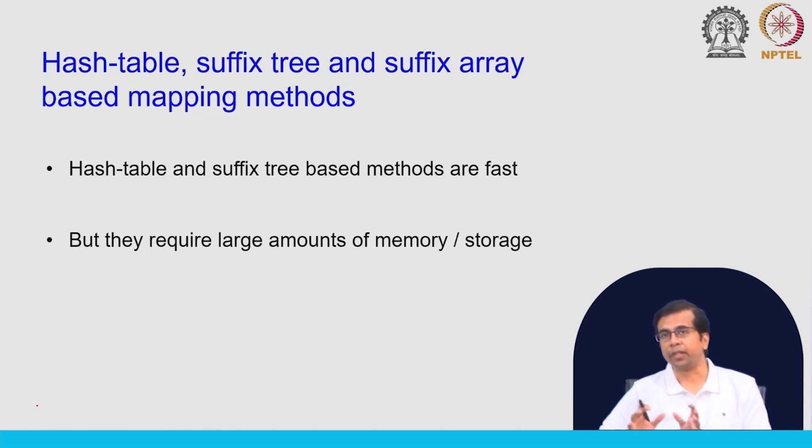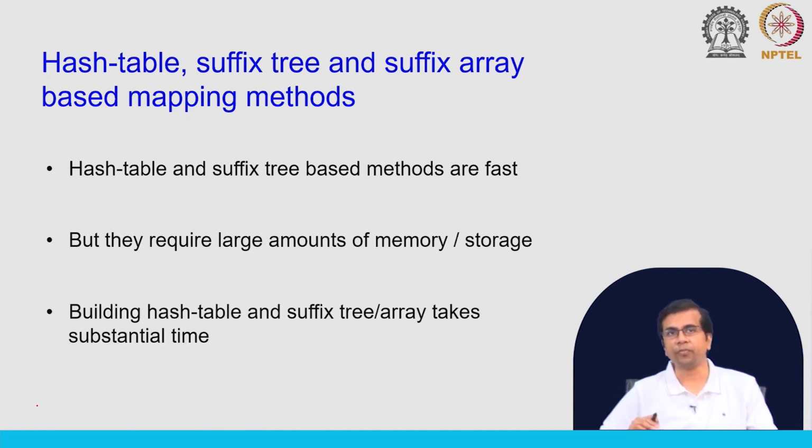All these methods take at least 12 to 15 GB of RAM if you are working with the human genome, which means you probably would not be able to run this on a desktop system. Suffix tree, for example, takes even more, about 30 to 35 GB of RAM for the human genome, because of that elaborate data structure.